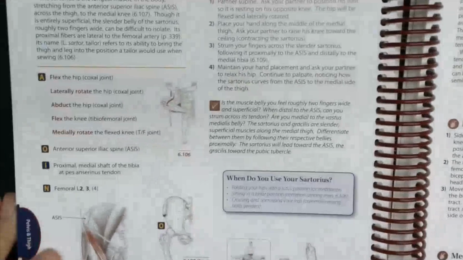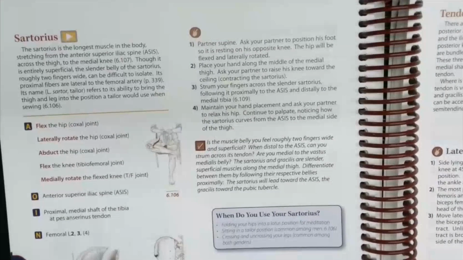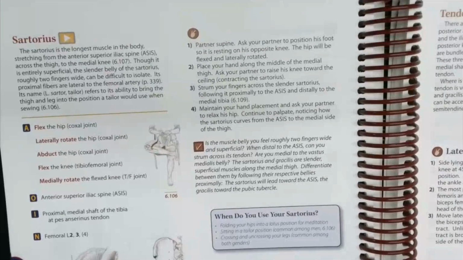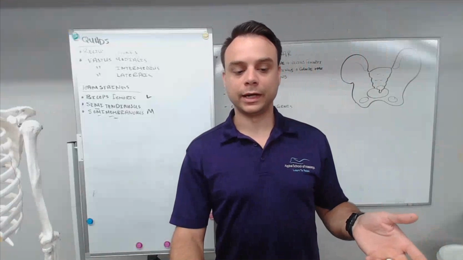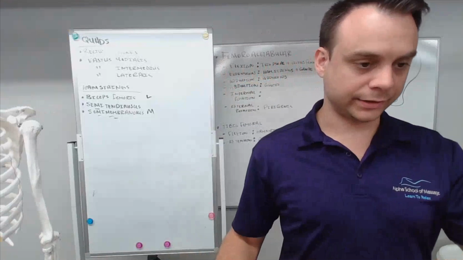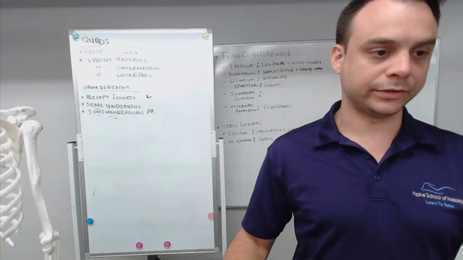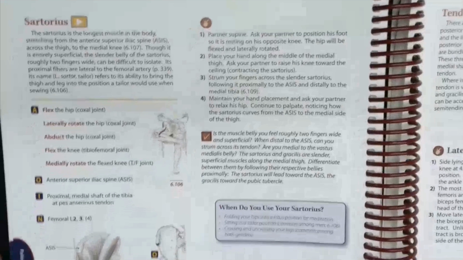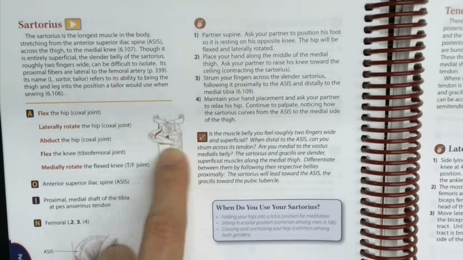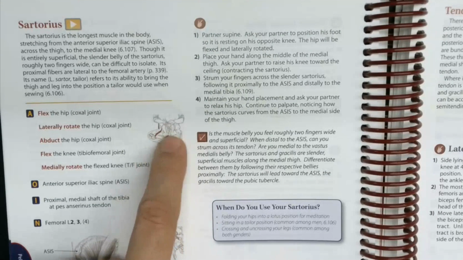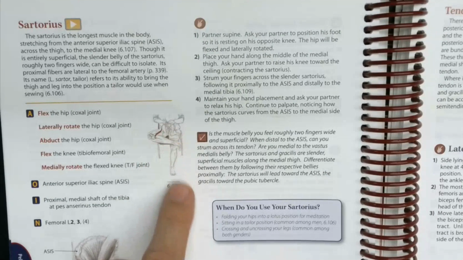Sartorius. Now here's our guy right here. He's a really fun muscle. Some people like to call him the tailor muscle, or I like to refer to it as the gentleman's muscle, because if you look at this particular image here, I can't show it on camera because I'm standing, but you see that this individual has their leg crossed. If you put your ankle over your knee, that pretty much performs all of the actions of sartorius.